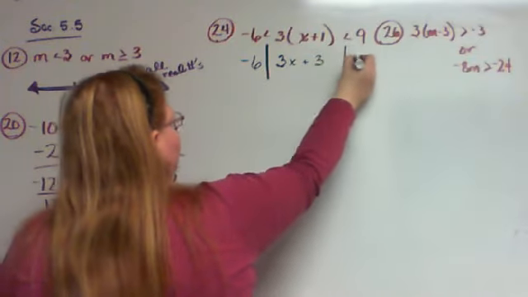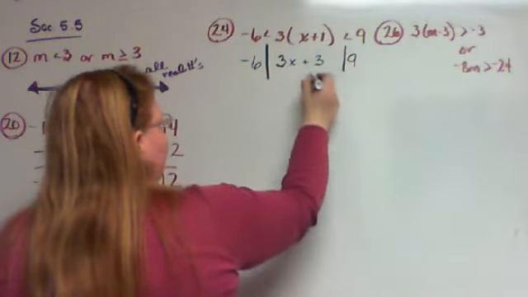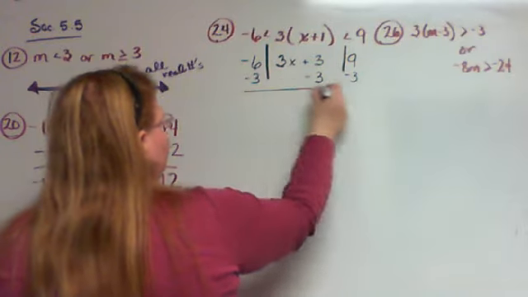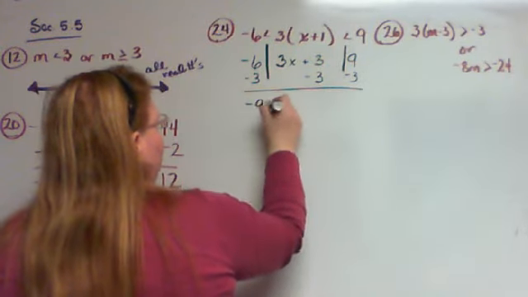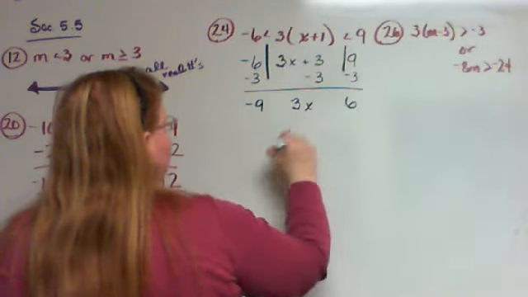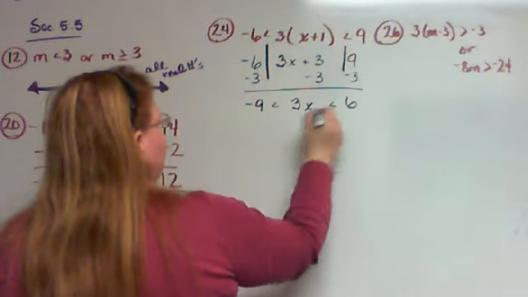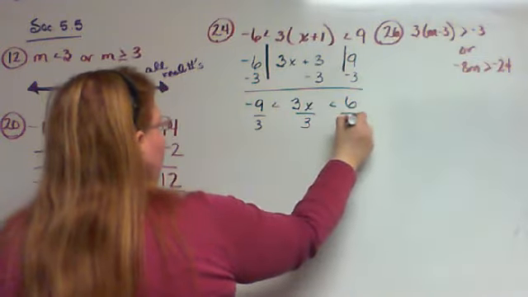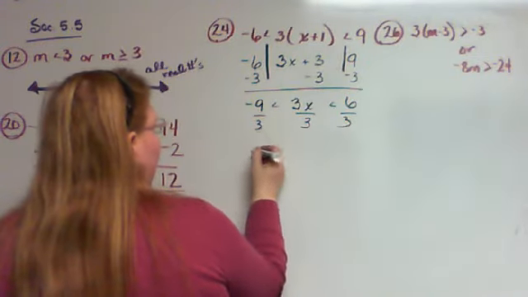3x plus 3, 9. Subtract 3, -9, 3x, and 6. Divide everything by 3, and since I'm dividing by a positive number, no need to flip anything.